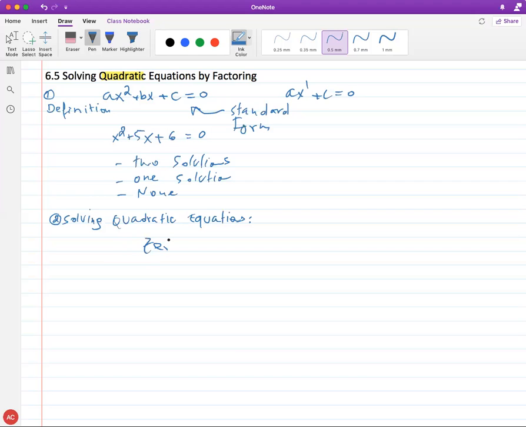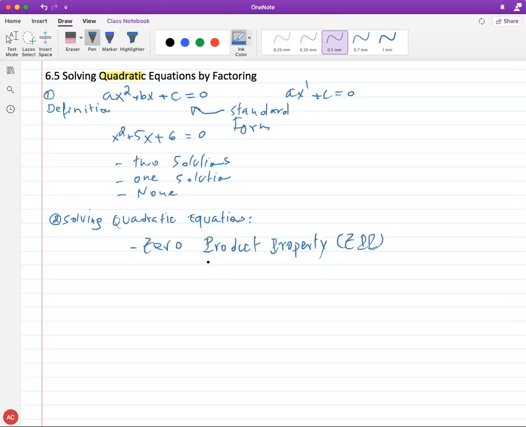Something called the zero product property, or I'm going to refer to it as this.